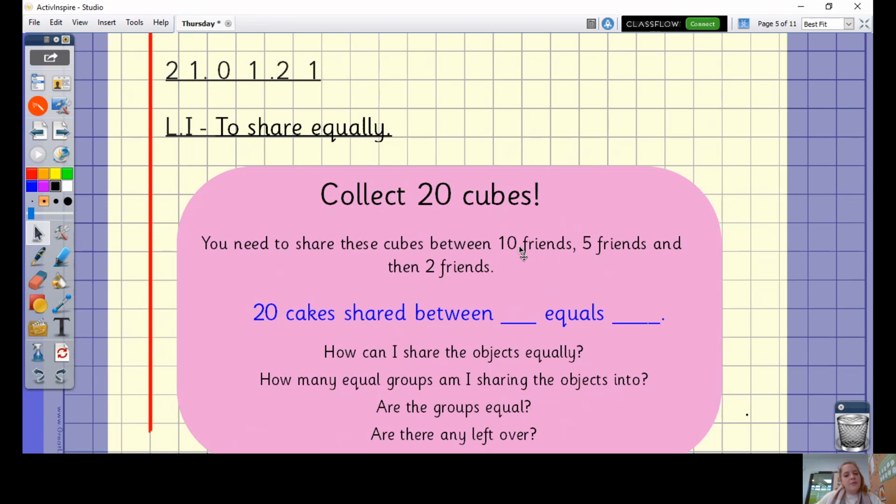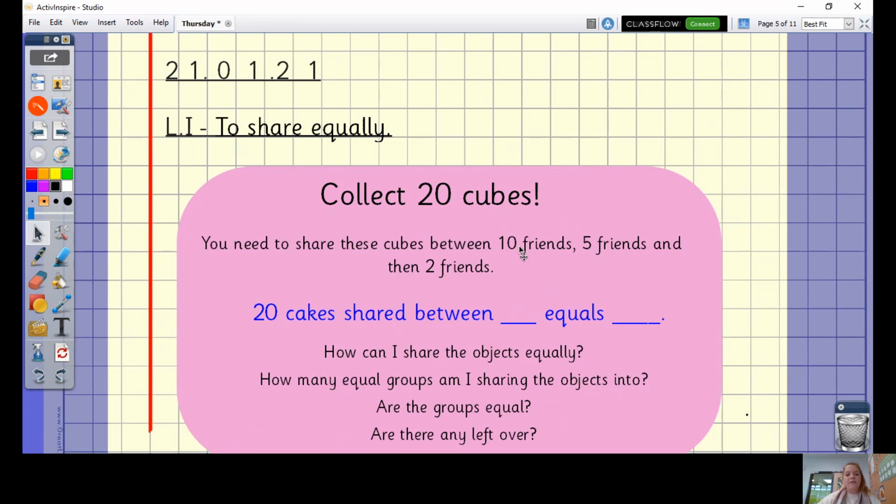So while you're doing this, I want you to think about for each amount, how can I share the objects equally? What are you going to do to make sure each group has an equal amount? How many equal groups are you sharing the objects into? Once you've shared the objects, once you've shared the cubes, are your groups equal?